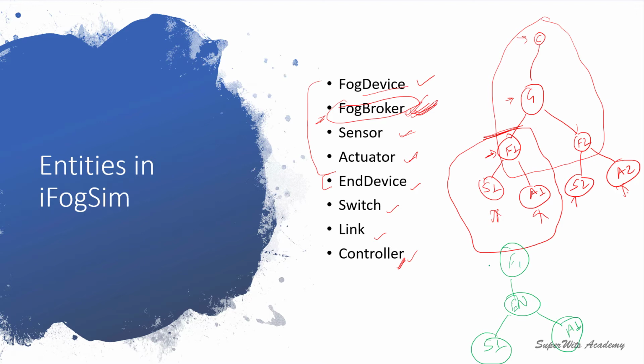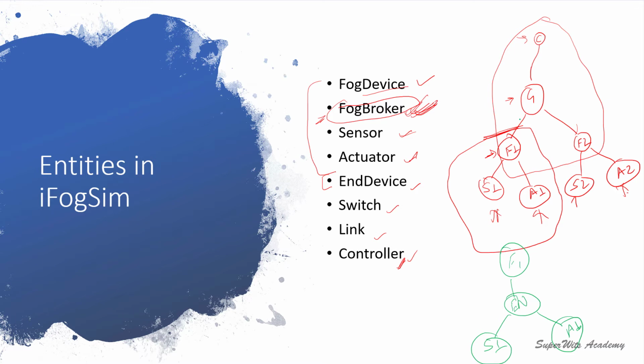So if I have this set of things, the end device is going to collect the information from the sensor, send it back towards F1, and then whatever F1 says will come back to actuator 1, depending upon what instructions or process is to be followed, right? So this is more or less an intermediate device.